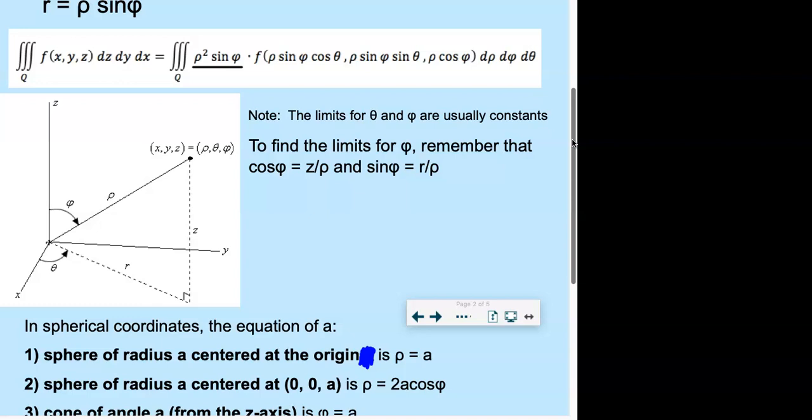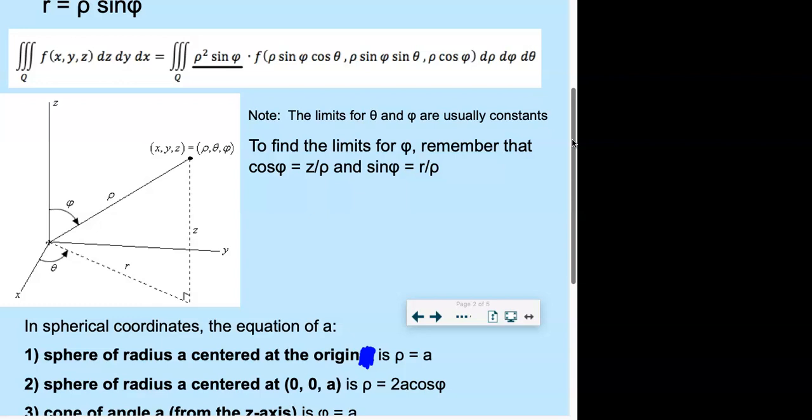Then z comes straight up. Say we're getting to this point right here. In traditional rectangular coordinates, you go out x, over y, up z. In cylindrical coordinates, you would go over theta, out r, up z.